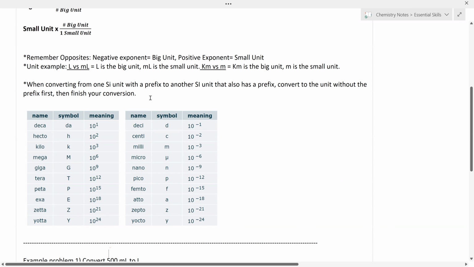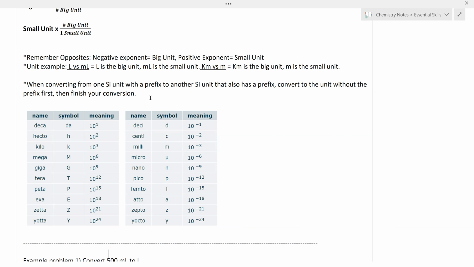And then an important thing to keep in mind: say a problem asks you to convert from millimeters to kilometers. You don't want to try and convert straight from millimeters to kilometers. You could. I know some people who do, but I found every time I do that, it just comes out wrong.